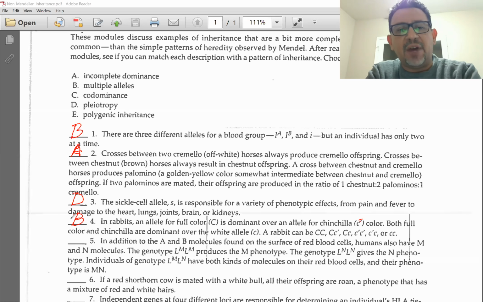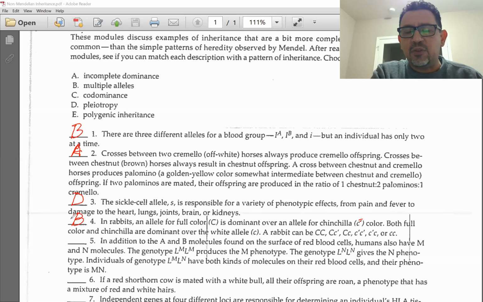Okay, let's move to number 5. On number 5, we are told that in addition to the A, B blood groups, there are other antigens that can also be found on the surface of red blood cells. Those antigens include an M antigen and an N antigen as well.